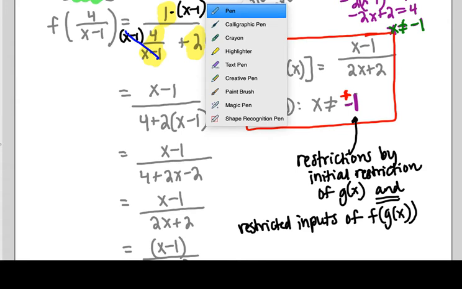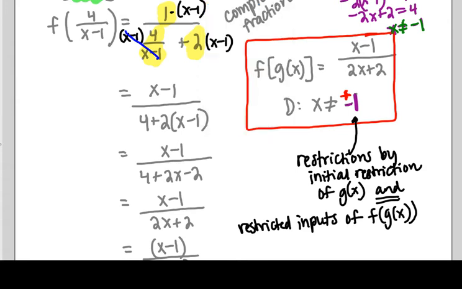I'm going to highlight them. So our initial restriction was +1, and the restricted inputs of f of g of x was -1. And it just so happens that they both happen to be additive inverses. Sometimes it's not just a plus or minus 1. Sometimes they're two entirely different numbers.